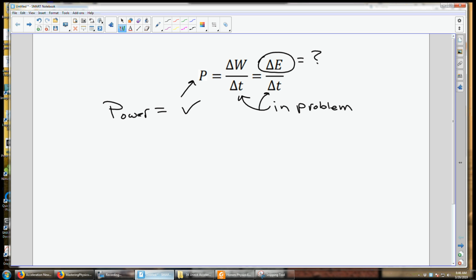If I have the power and I have the amount of time, I can solve for the change in energy, the amount of energy that is needed, from the information that I have. So I'll happily get the amount of energy. Does that make sense? Good. Exactly.